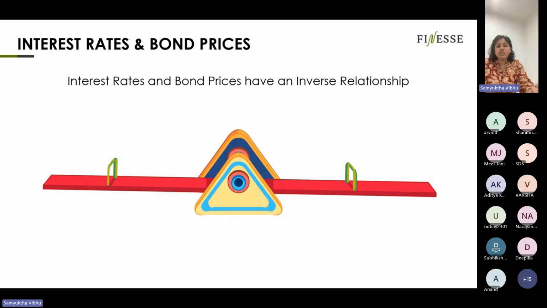So when we understand the nature of this inverse relationship and we see where we are positioned in this cycle, which is that we've already taken the first step towards a rate cut, and we are seeing inflation data coming in at lower numbers month on month over the last 6 months. At the same time, we're also seeing economic slowdown occur. Maybe we're not a slow economy, but definitely we're slower than we were, say, 18 months ago.